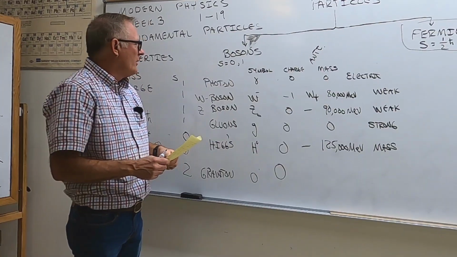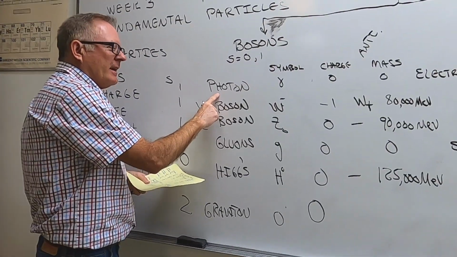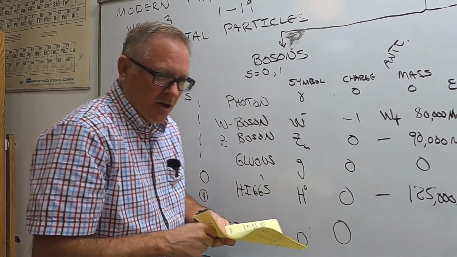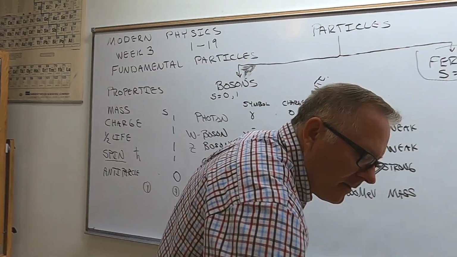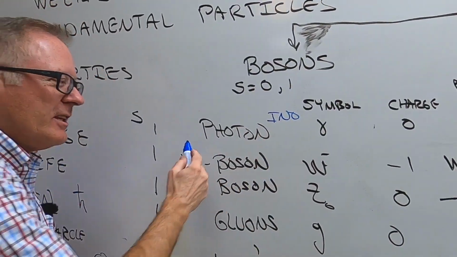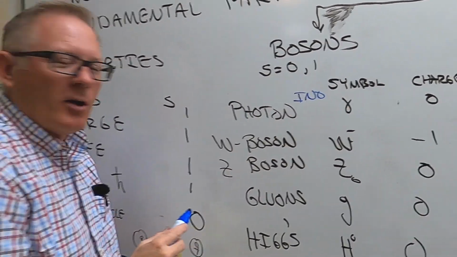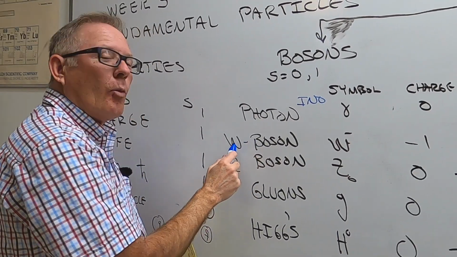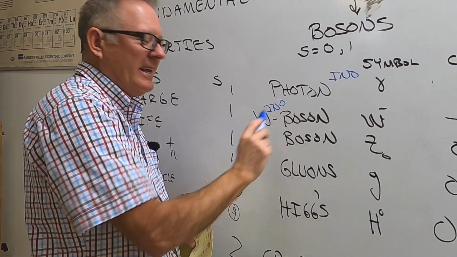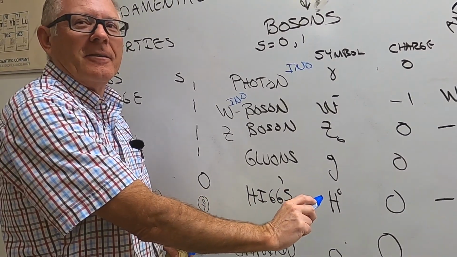And what they do is, for every boson that comes over to here, they just put a little "ino" on the end. So the fermion for this one would be called the photino. This one would be called the wino, W-I-N-O. This would be the zino, gluino, higgsino, right here.